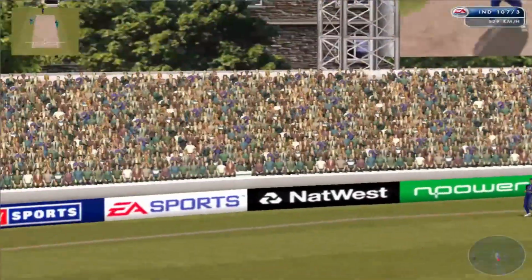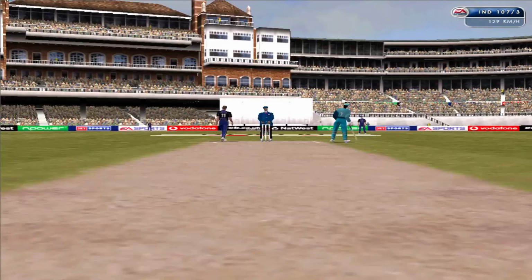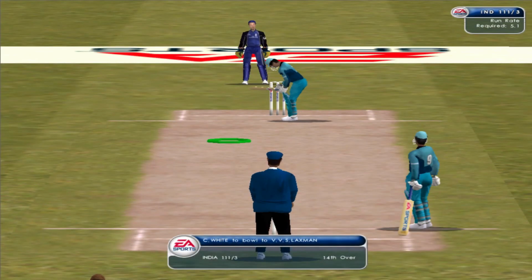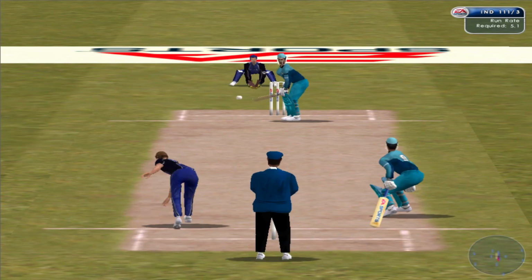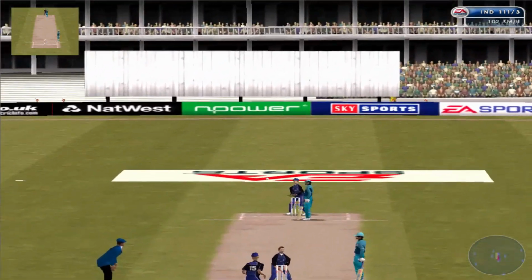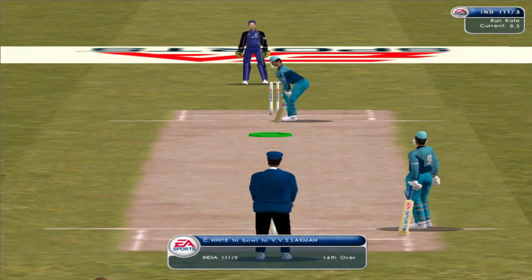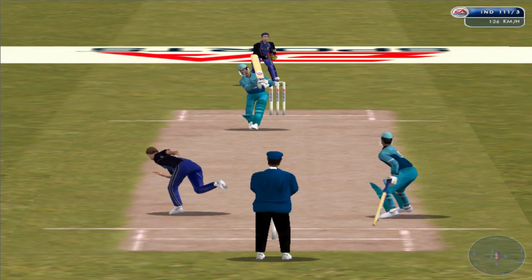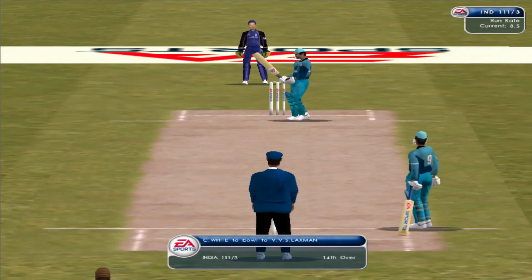Great shot by Laxman. The crowd were brought to their feet by that shot. Well, if you're going to pitch that short, you'll get punished. 34 runs required. White at the start of his run-up.